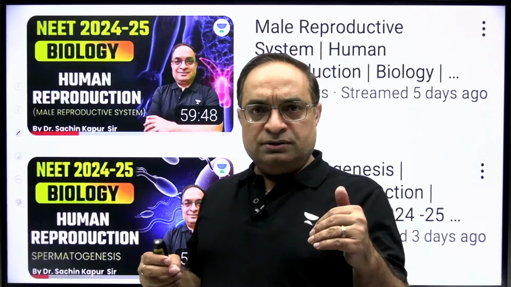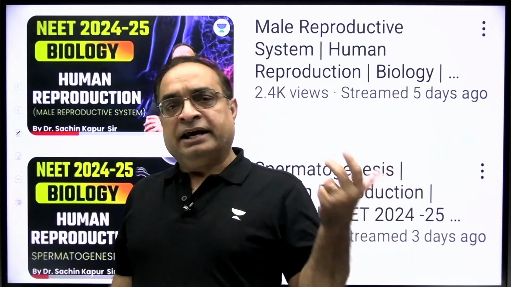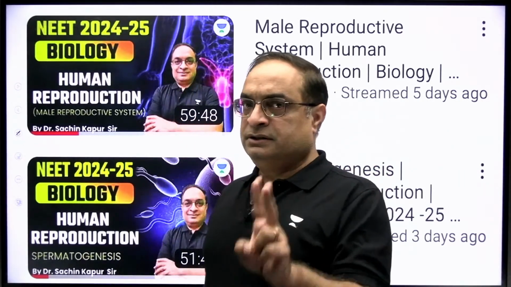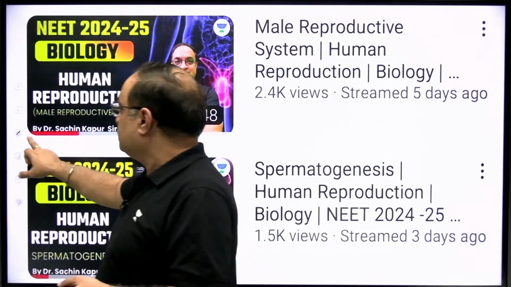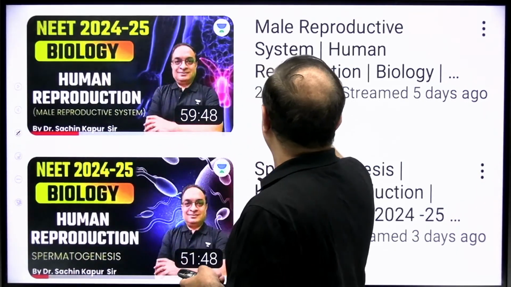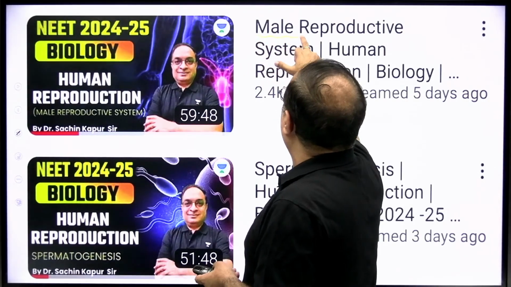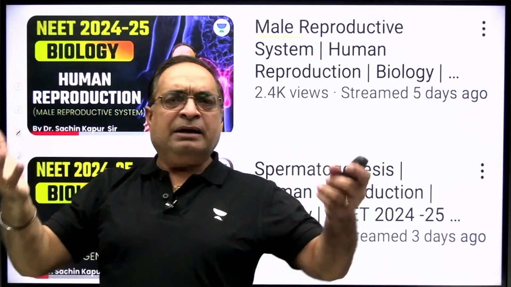Human reproduction, this chapter I have started a few days ago, and already I have covered two subtopics of the chapter. What are the two subtopics which I have already covered? There was one lecture on introduction to the male reproductive system, primary sex organs, testes and all. We have discussed that.